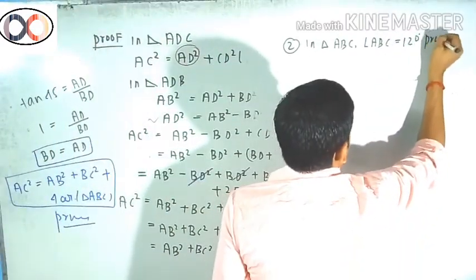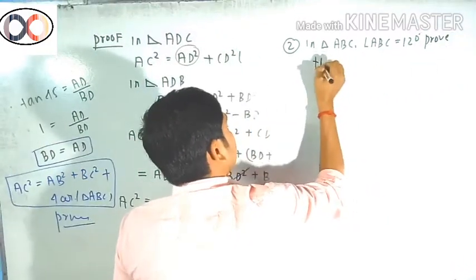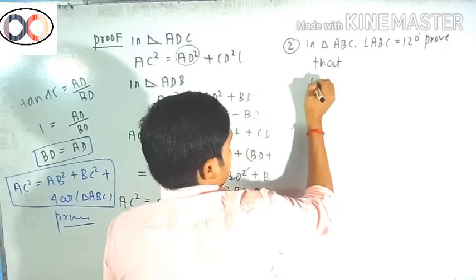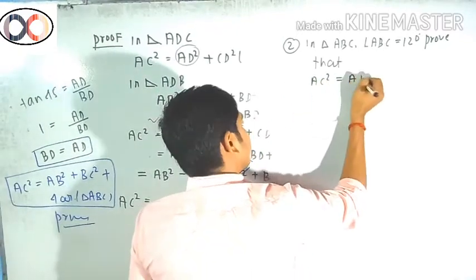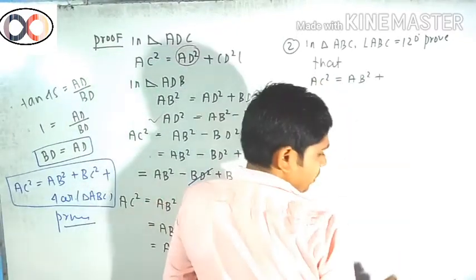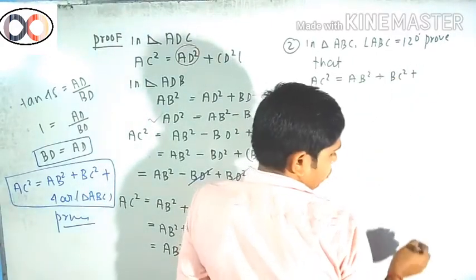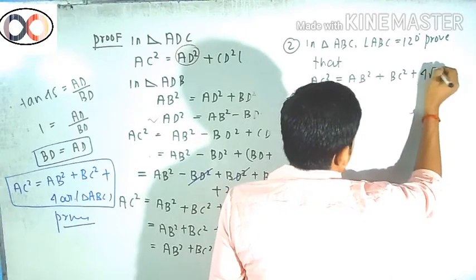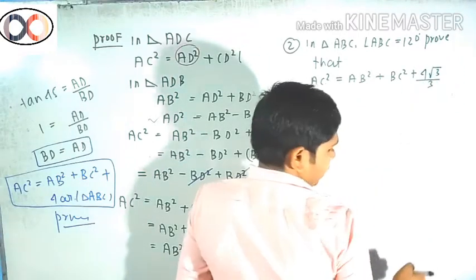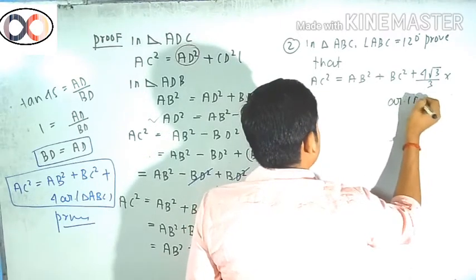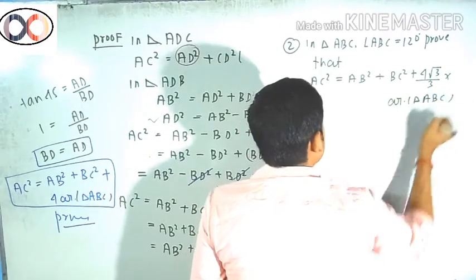Prove that AC square equals AB square plus BC square plus 4 into root 3 by 3 into area of triangle ABC. This is what you need to prove.